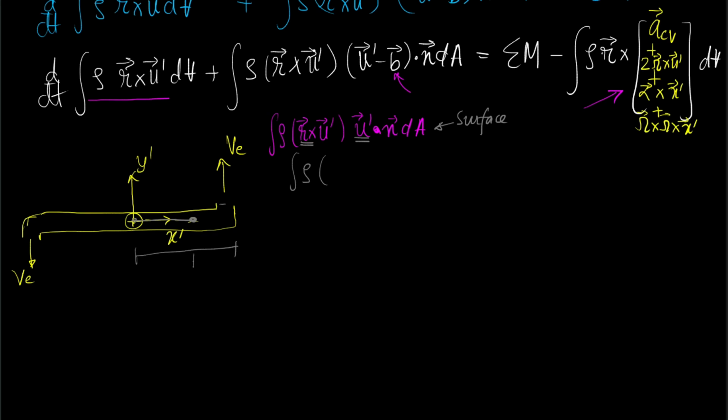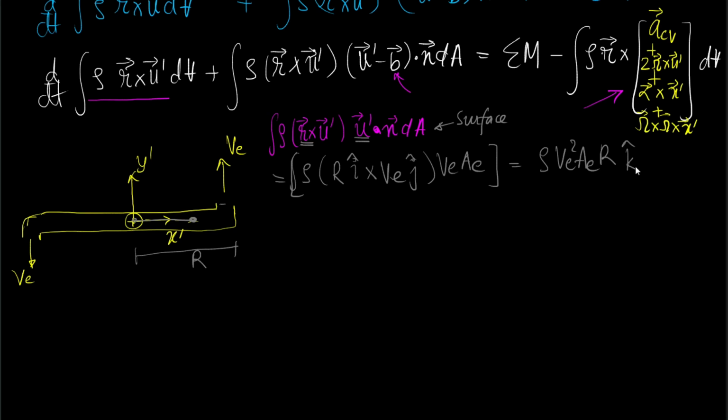This r cross u is going to be r i cross v_e j, and u dot n hat is going to be v_e A_e. This integral can go away because ve is constant over the entire exit cross section area. So this becomes rho v_e squared A_e times r, and i cross j is k.